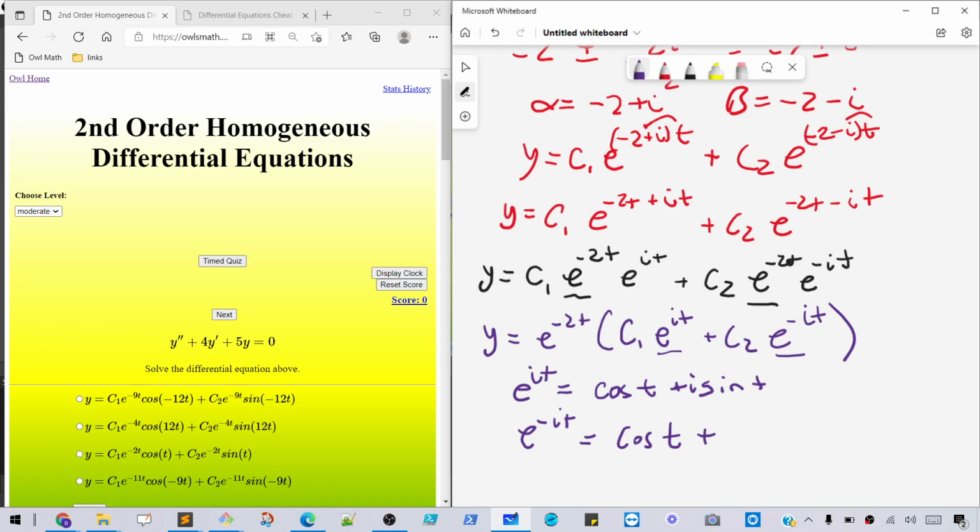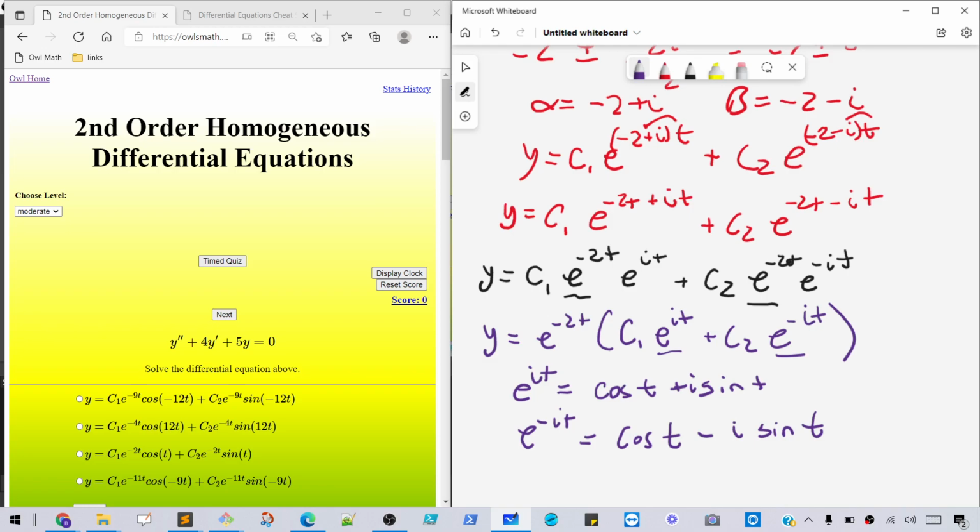And then it would be i sine of negative t, but a negative angle on the sine is actually the same thing as bringing the negative up front. So we can just rewrite it like this.